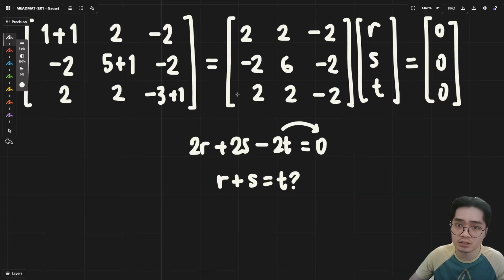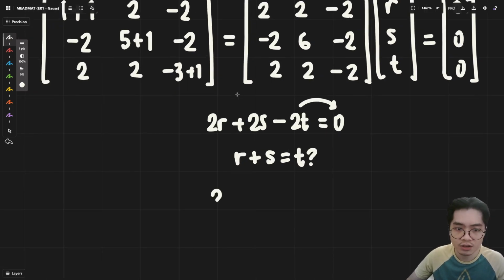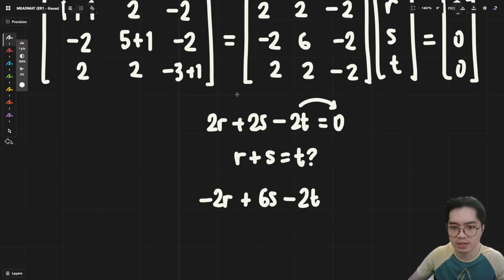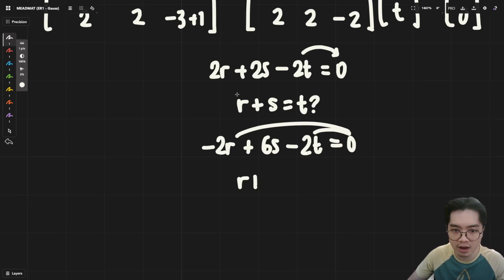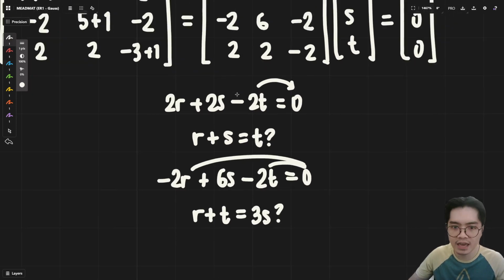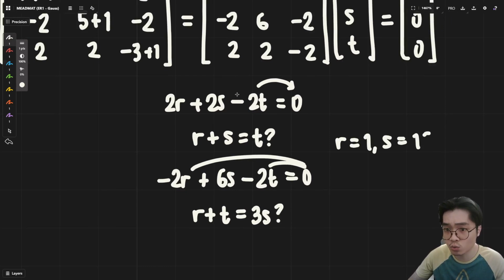On the other hand, let's try out this one. Negative 2R plus 6S minus 2T is equal to 0. If we divide everything by 2 and put all of the negatives to one side, we will get R plus T is equal to 3S. And again, let's try this out. What if R is equal to 1 and S is equal to 1? 1 plus 1 is 2. 1 plus 2 is 3.